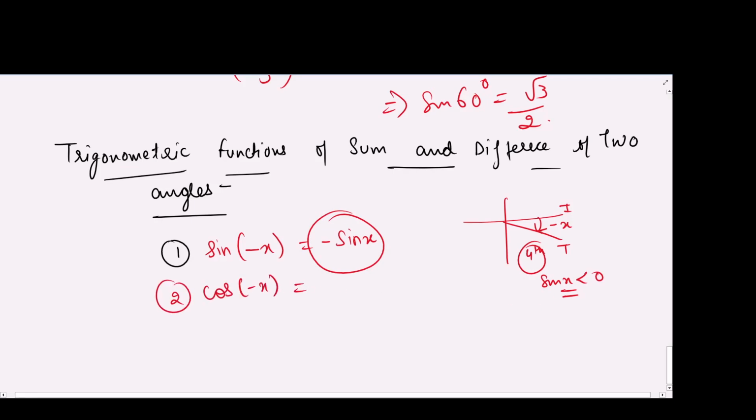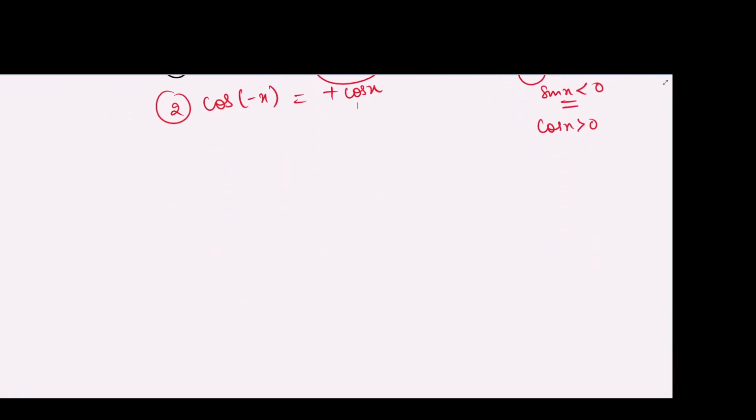So again in fourth quadrant cos x is greater than 0. So therefore positive cos x. Second, we have cos x plus y is equal to cos x cos y minus sine x sine y.